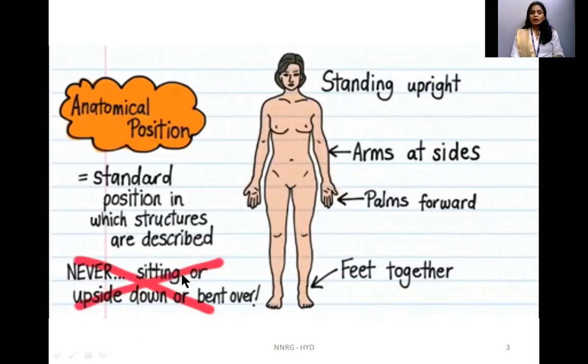So when you are describing any structures anatomically, the standard position is this, in which a person is standing straight upright, the arms are at the side, the palms are facing forward, and the feet are together. This is the standard anatomical position in which you will be studying all the different terminologies related to this particular posture.